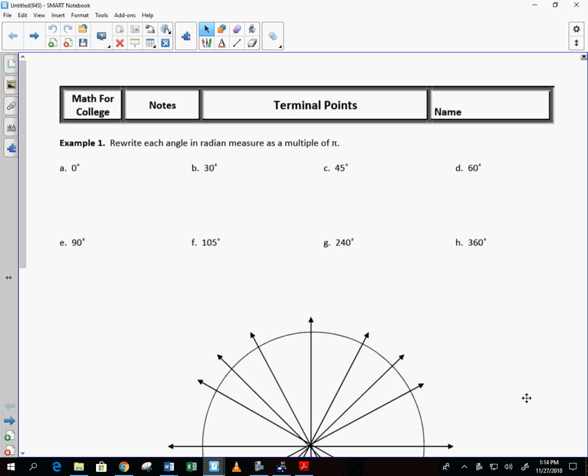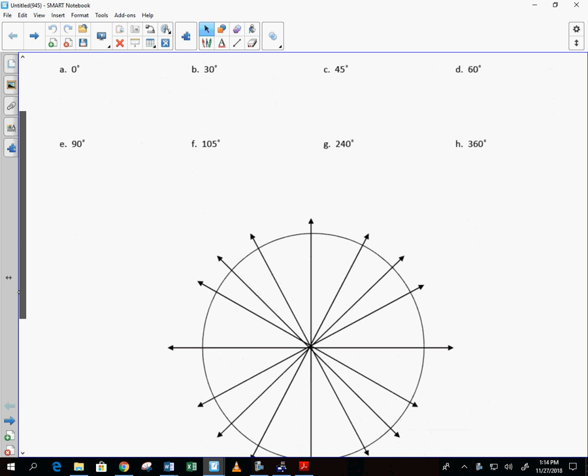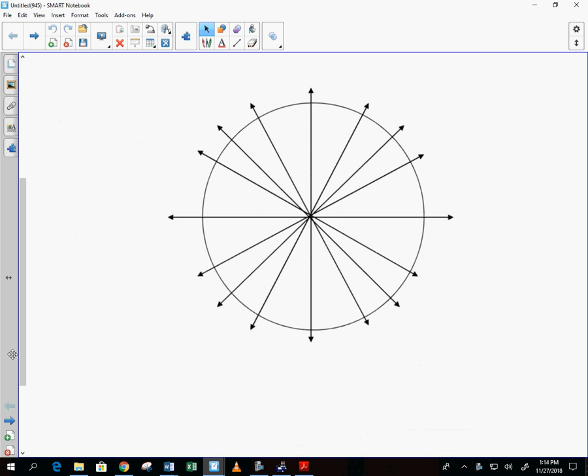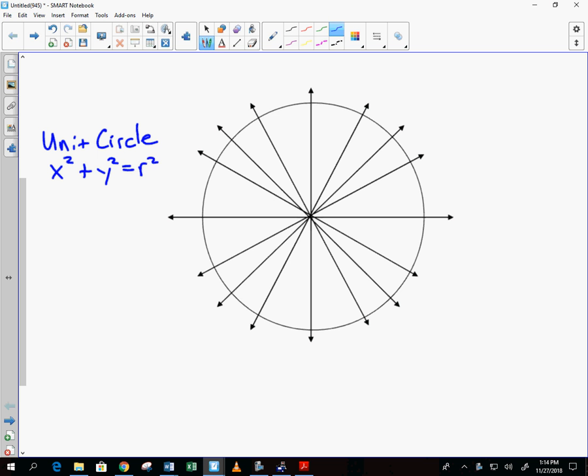We start with this. This is going to become what we call the unit circle. If you remember, we had an equation for a circle: x squared plus y squared is equal to r squared.